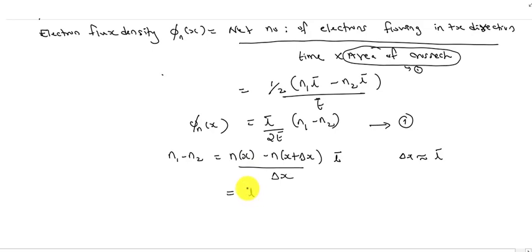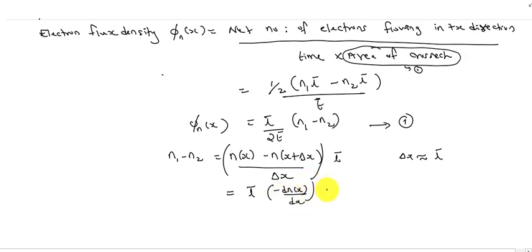Since delta x tends to 0, we can write this term as minus dn of x by dx, since n of x comes first, so it is a minus term. So minus dn of x by dx into L bar.